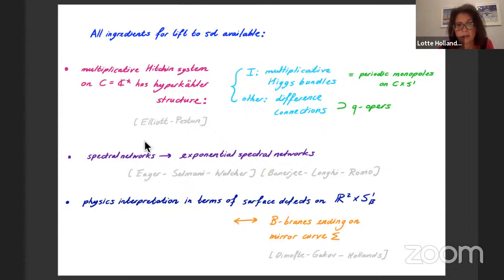Also, recently there has been a lot of progress on lifting spectral networks from 4 dimensions to 5 dimensions, known as exponential spectral networks. And of course, there is a physics interpretation of all the surface defects that we considered in terms of the Calabi-Yau, namely they correspond to B-branes, which end on the mirror curve.